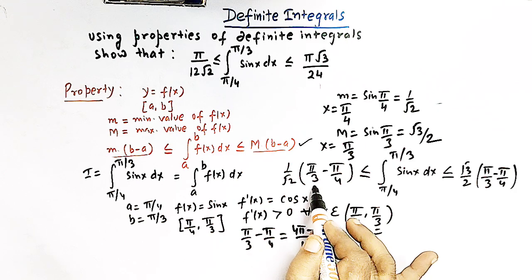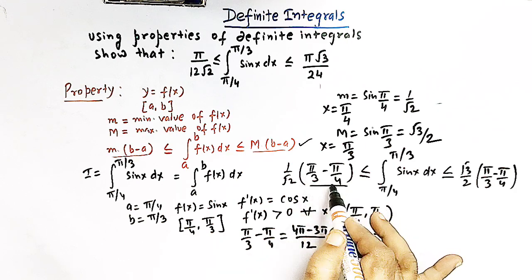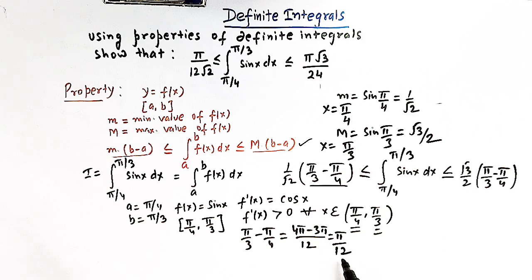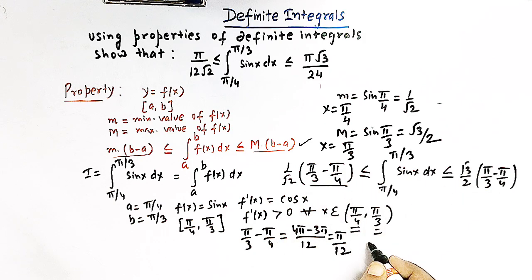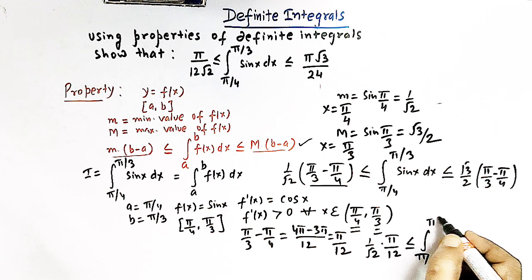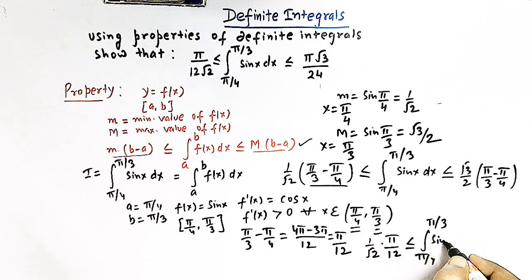So substituting the value of pi by 3 minus pi by 4 as pi over 12, this inequality can be written as 1 over square root of 2 times pi over 12, then the integral from pi by 4 to pi by 3 of sine x dx, and then square root of 3 over 2 times pi over 12, right?